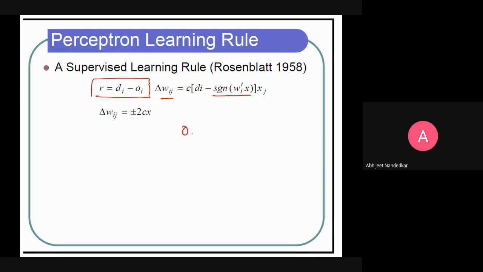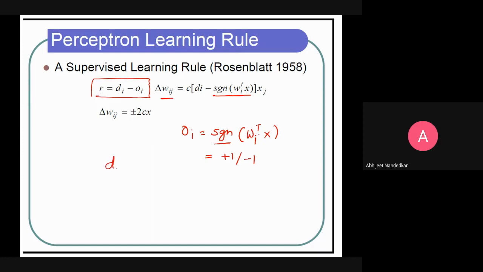So Oi is a sign function of W transpose X. For the ith neuron, I will write here Wi. Oi is either plus 1 or minus 1, because this is sign.